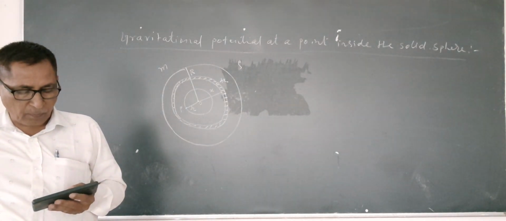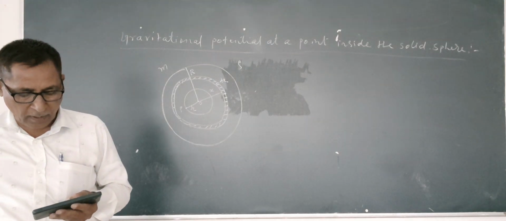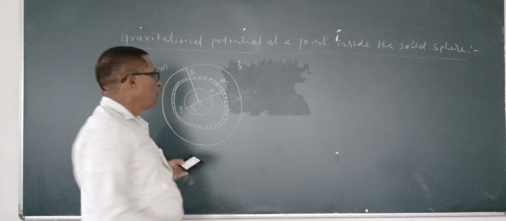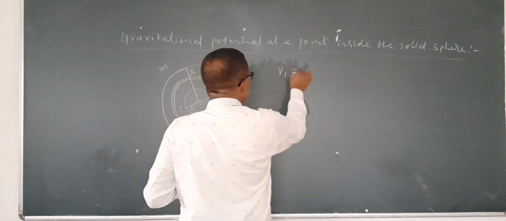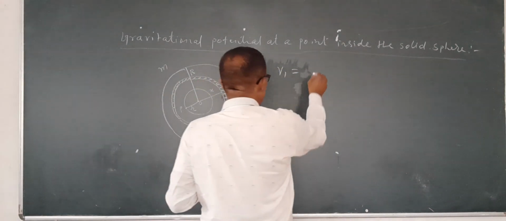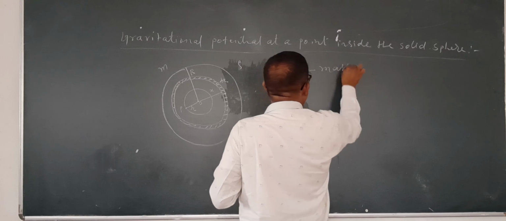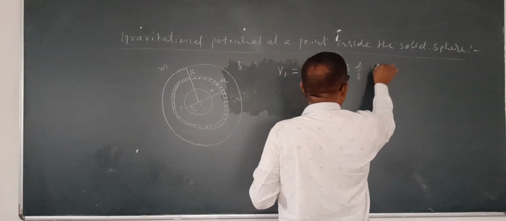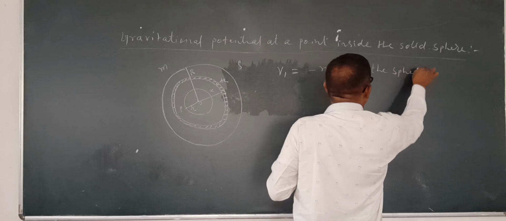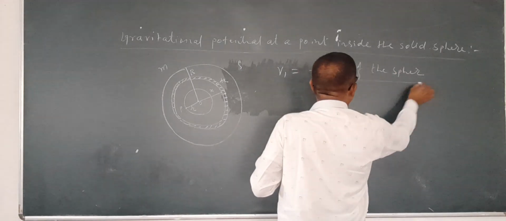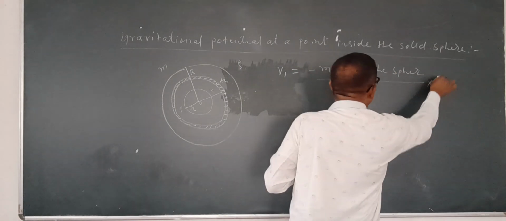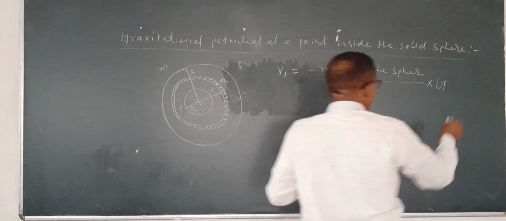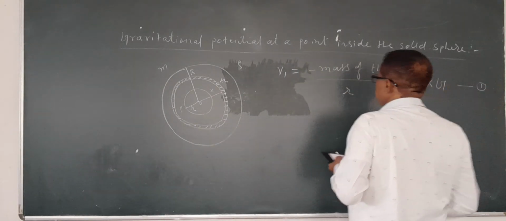The potential at point P due to the inner solid sphere of radius r is given by V1 equals minus the mass of the sphere upon radius r into G. This is equation number 1.